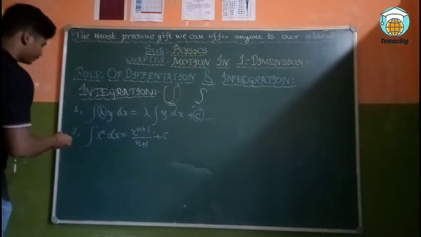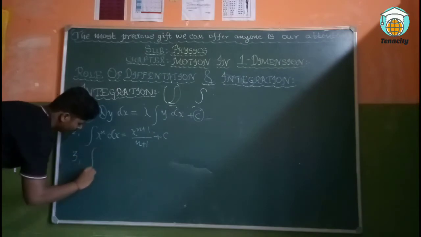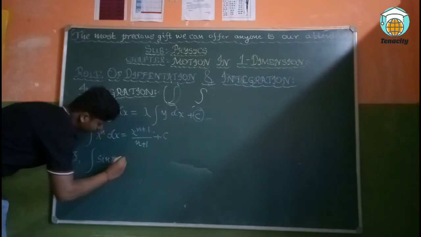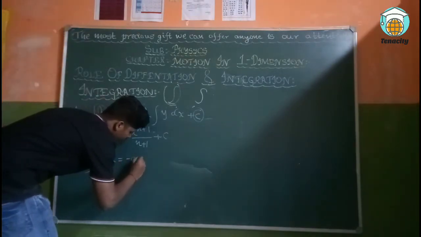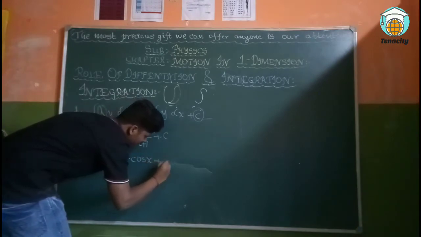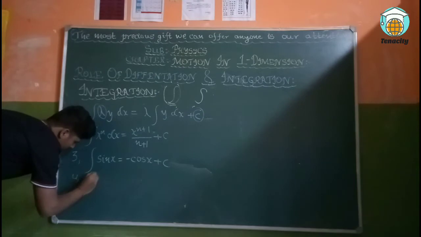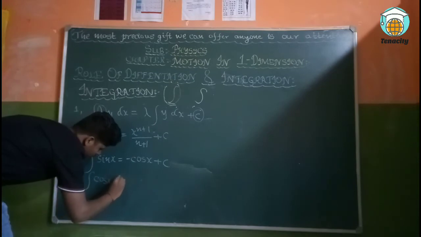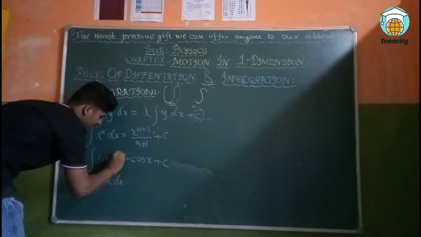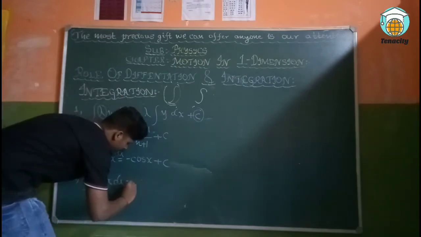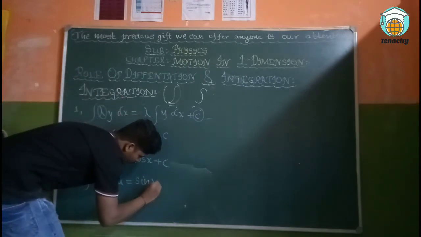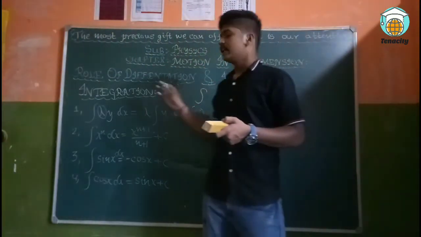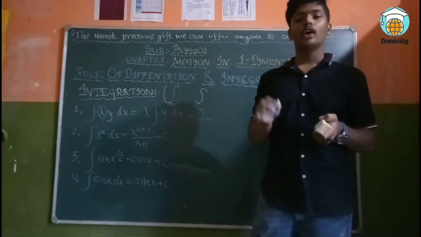This is the second formula. The third one is integration of sin x dx is minus cos x plus c, and the fourth one is integration of cos x dx, you should not forget writing dx, is sin x plus c.